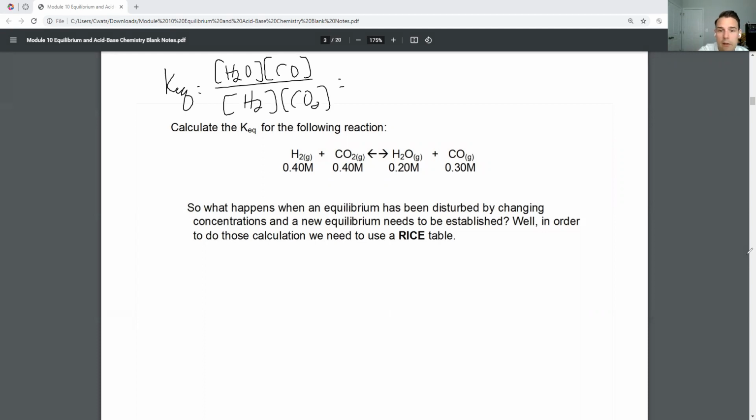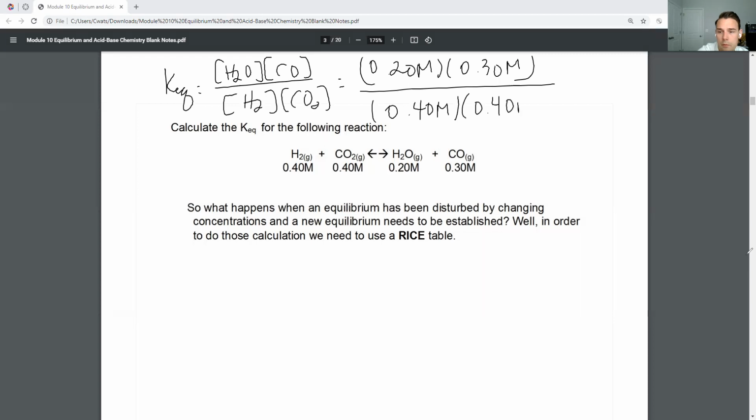And then I'm just going to plug in the numbers: 0.20, 0.30, 0.40, 0.40. And you do that and you'll get 0.38. Important to note, there are no units for K, okay?